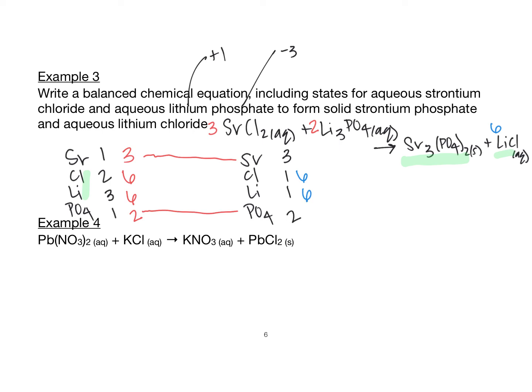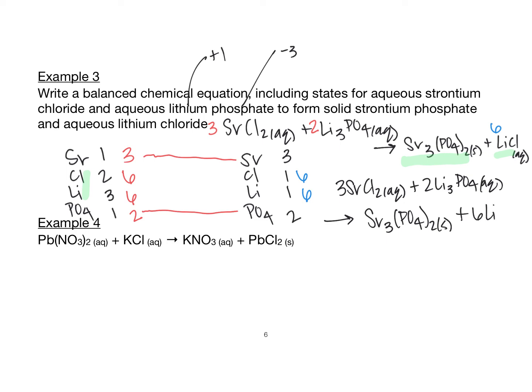So now we need to rewrite our balanced chemical equation to where we have 3 strontium chloride, aqueous, plus 2 Li3PO4, aqueous. And that's going to give us 3 strontium, 2 phosphates, solid, plus 6 lithium chloride, aqueous.